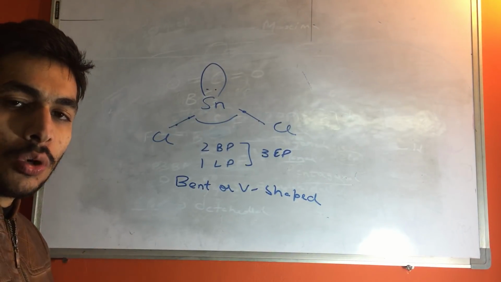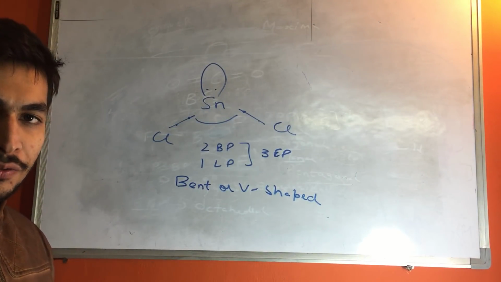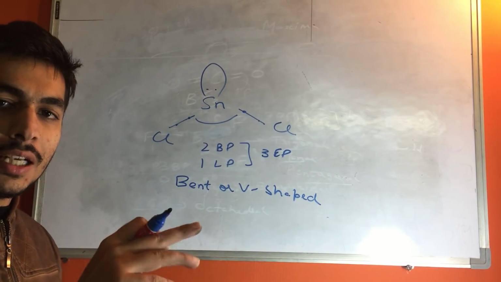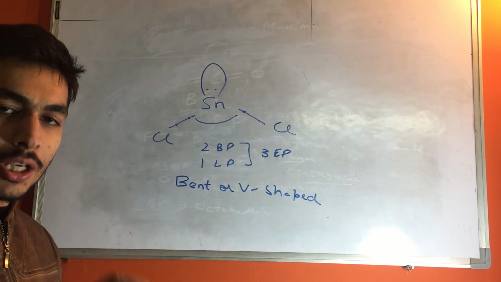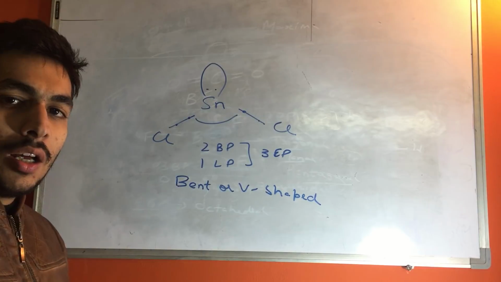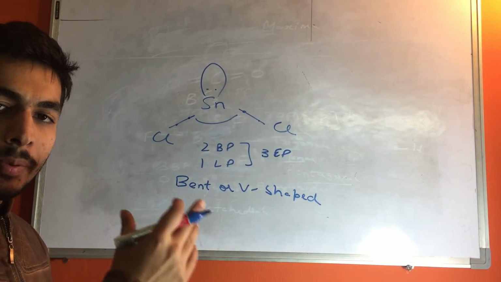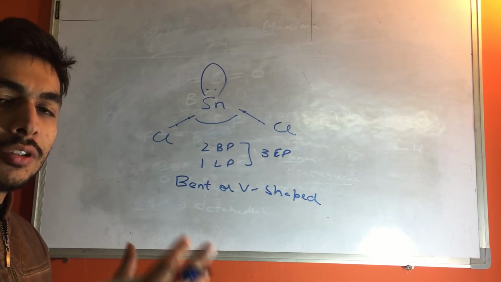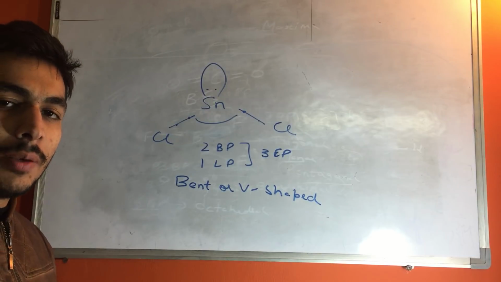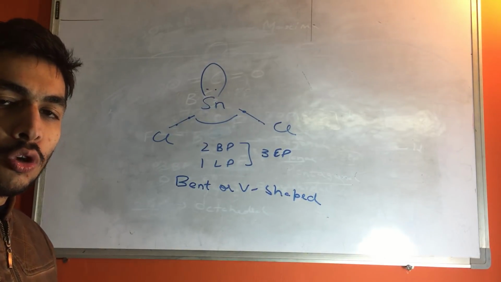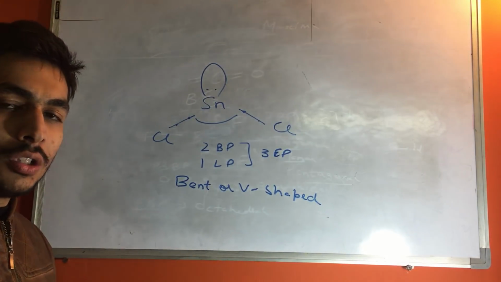You can easily Google it: VSEPR theory shapes. If you Google VSEPR theory shapes, you will get a table describing all the bond pairs and lone pairs and what the shape is. Like for 3 bond pairs and 1 lone pair, what is the shape? For 4 bond pairs and 2 lone pairs, what is the shape? So you will find all the shapes.